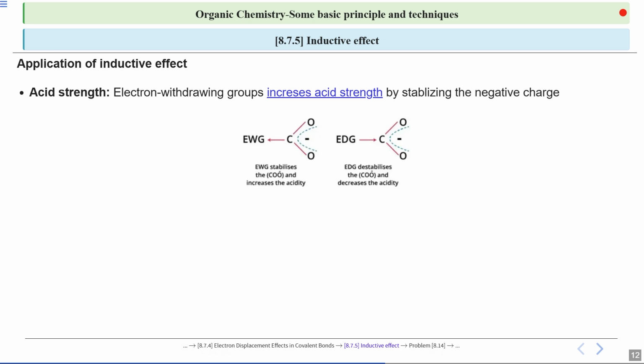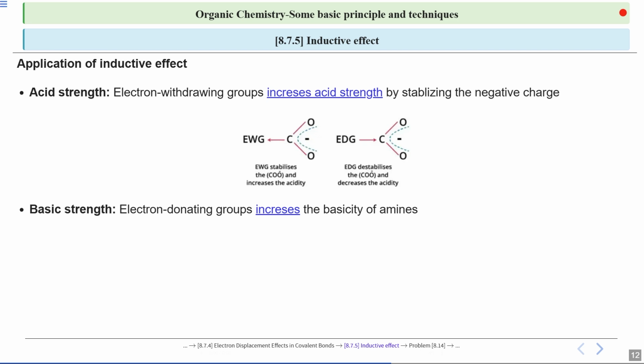Yes, you know it very well that charged species are least stable. So if you are attaching an electron donating group, you are increasing the charge in a way, so that will destabilize the species. In place of that, if you attach an electron withdrawing group, then that will decrease the charge or distribute it evenly, and that will make the species more stable.